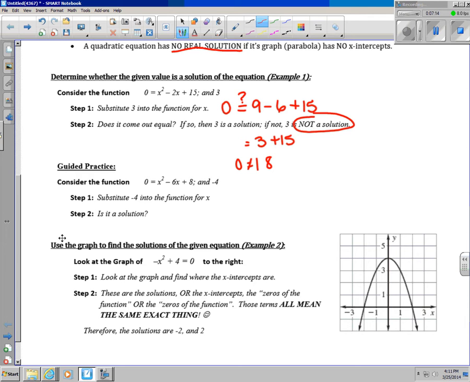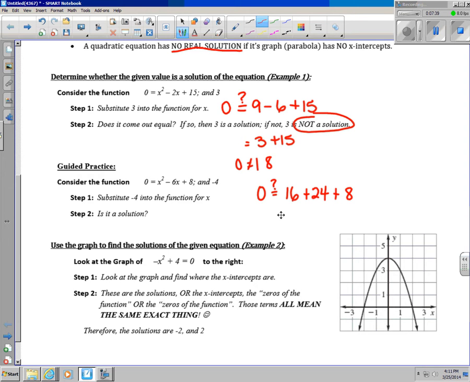Okay, you should have had time to do your guided practice. What we're going to do is substitute negative 4 in for each of our x values, and ask ourselves, does x squared, or negative 4 squared, which is 16, and then negative 6 times negative 4 is positive 24, and plus 8.